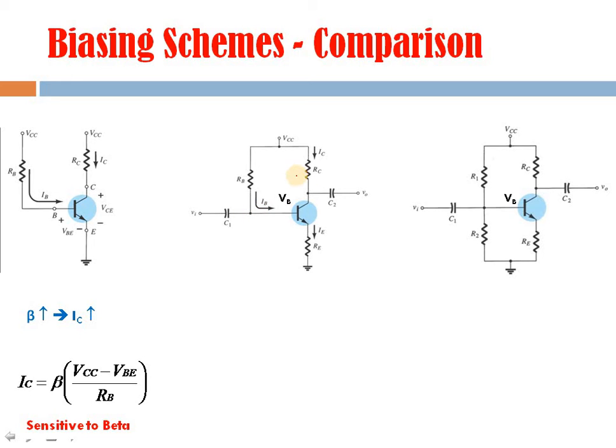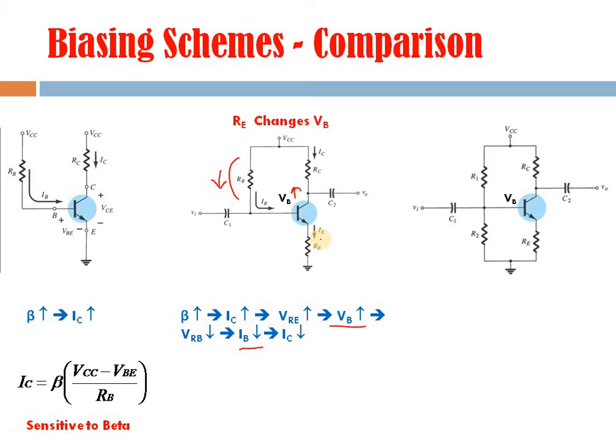And if we talk about the second arrangement, self bias with emitter resistance, we have already covered this part. So how does this loop take place? Actually the VB increases, and if VB increases, the voltage here reduces, and this reduction is used to reduce the IB and then to reduce the IC.